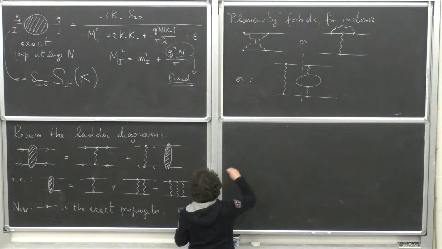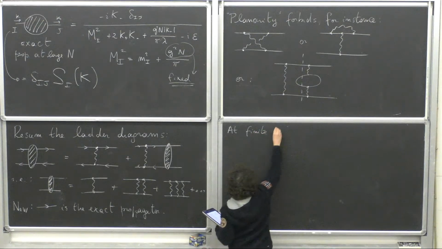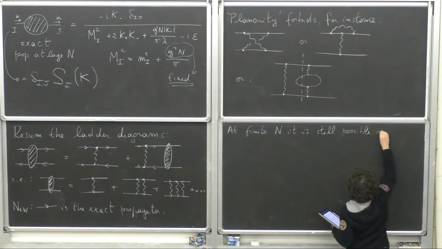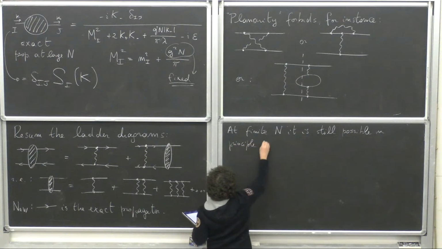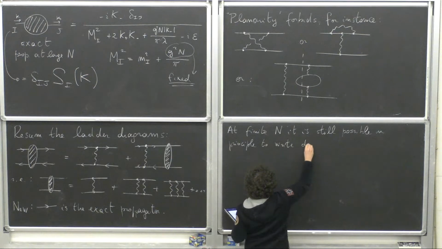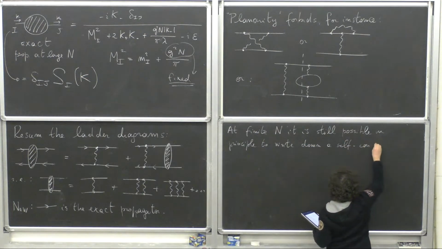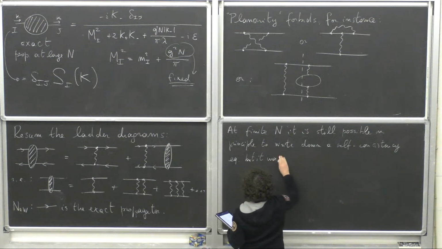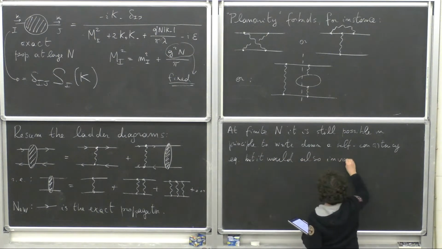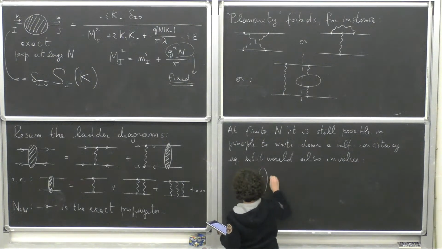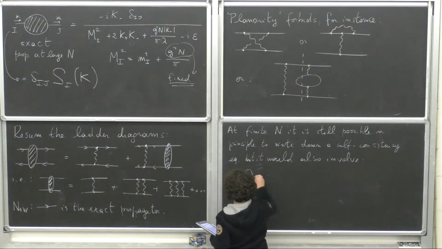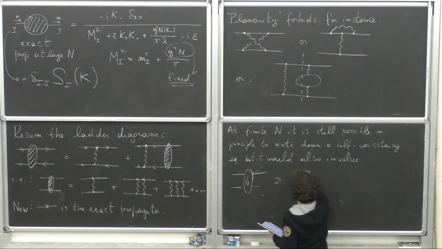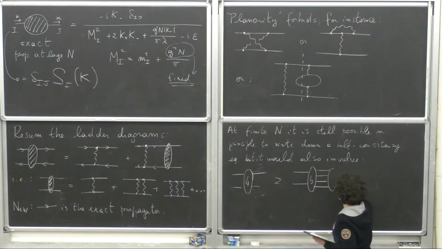So at finite N, it is still possible, in principle, to write down a self-consistency equation, but it would involve, for instance, stuff like, so if I'm trying to write explicitly how many fermionic legs there are, this guy would also have some contribution with 2, 6, right?